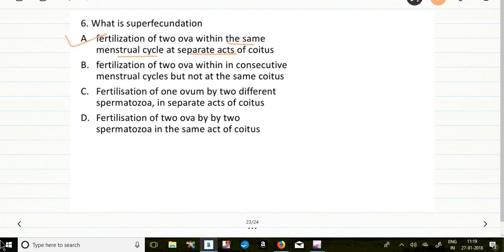Let us see the other options. Two ova within consecutive menstrual cycle, this is superfetation. Fertilization of one ovum by two different spermatozoa, this rather leads to molar pregnancy. Fertilization of two ova by two spermatozoa in the same act of coitus, this will simply lead to dizygotic twinning.